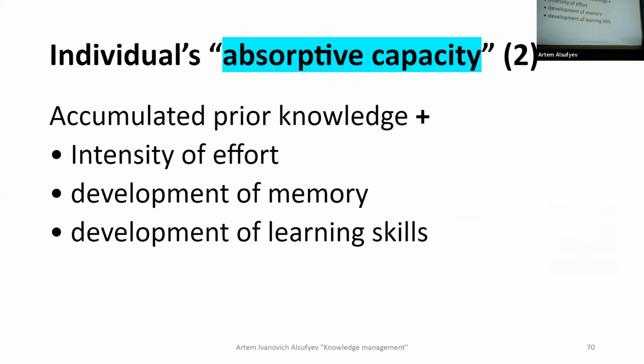We discussed it with you, but for that, we need a knowledge base. In order to understand what is valuable, you need to know what presents value, right? What is valuable and what is not.